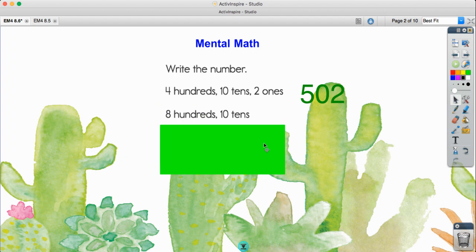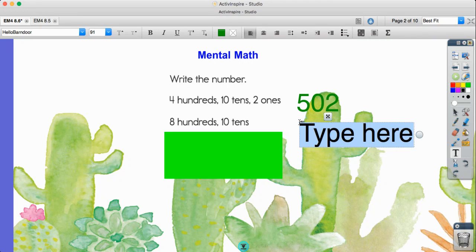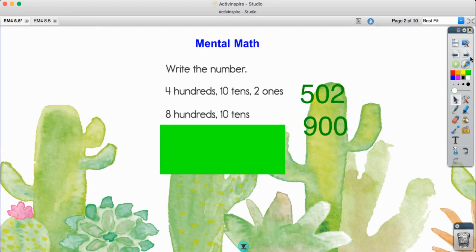8 hundreds, 10 tens. Write the number. This would equal 900. Let's try the next one.